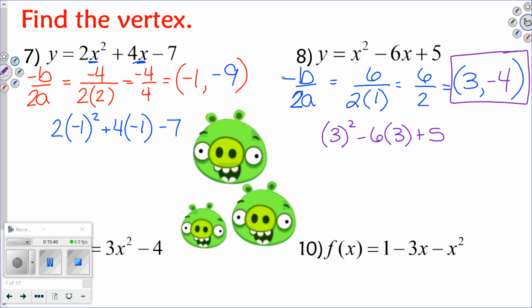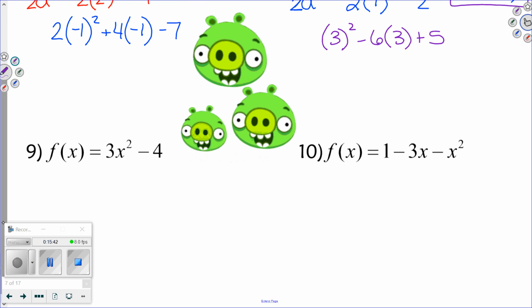All right, let's take a look at number 9. So negative b, what's my b value? 0. Can I have a negative 0? Thank you for saying no. Just 0. Over 2 times a, so 2 times 3. So that gives me 0 over 6, which is just 0.